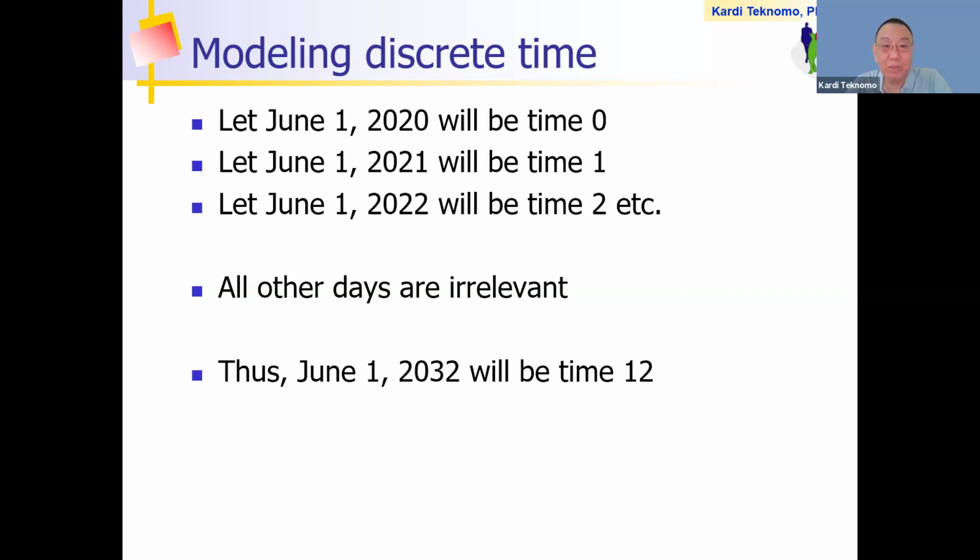June 1, 2022 will be time 2, and so on. Any other days are not relevant, only June 1, because every year we are computing. So June 1, 2032 will be time 12. Is that okay? Instead of the actual date, we just make it discrete: 0, 1, 2, 3, and so on, so that it is easier to compute. Next.